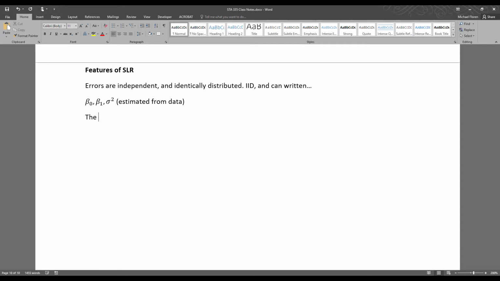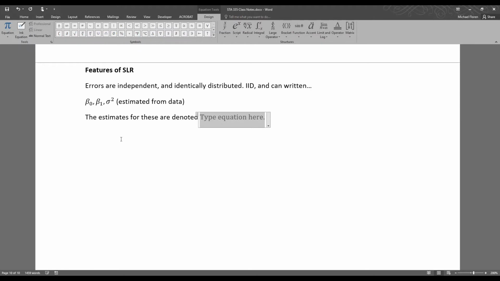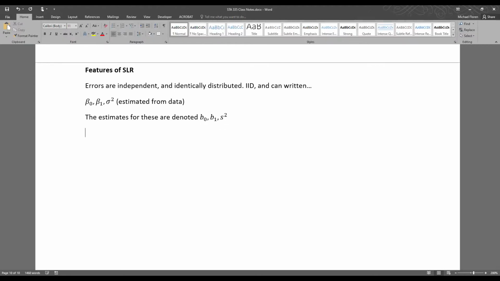The estimates for these are written as b sub 0 instead of beta sub 0, b sub 1 instead of beta sub 1, and s squared. And if you remember back to your basic statistics course, our population variance was sigma squared, our sample variance was s squared.